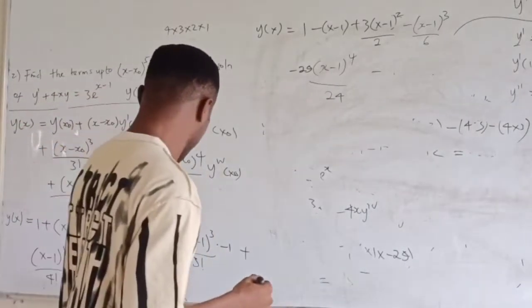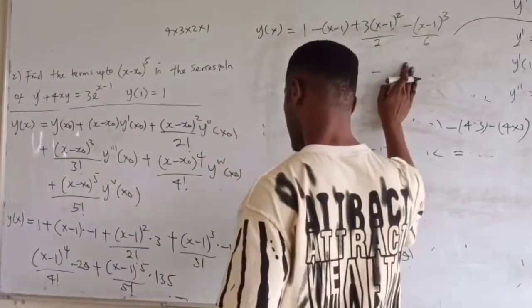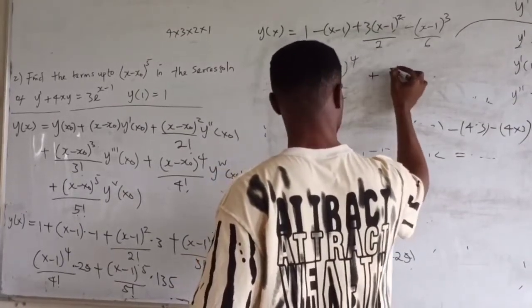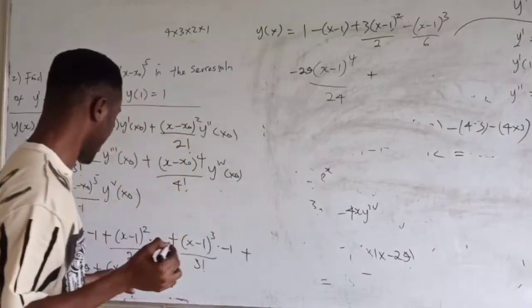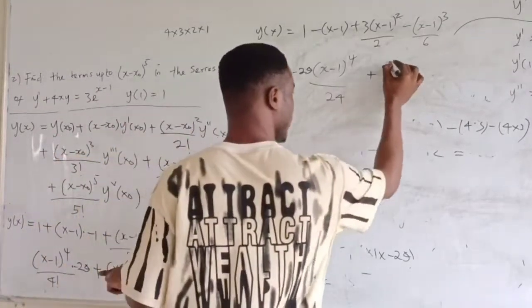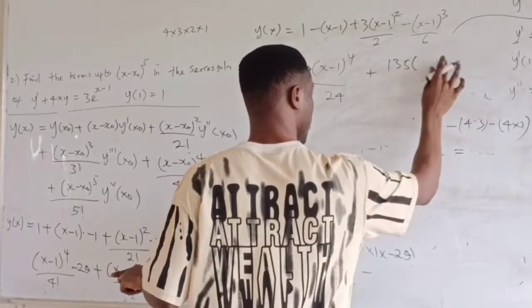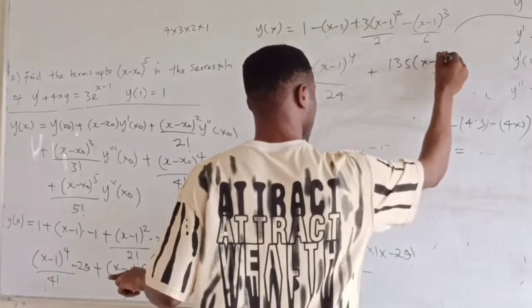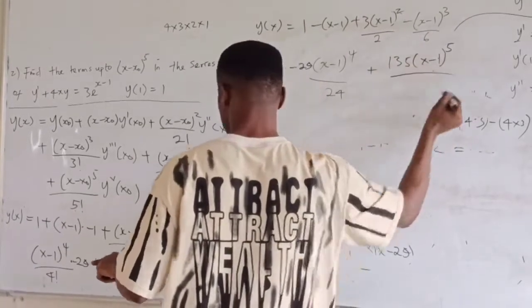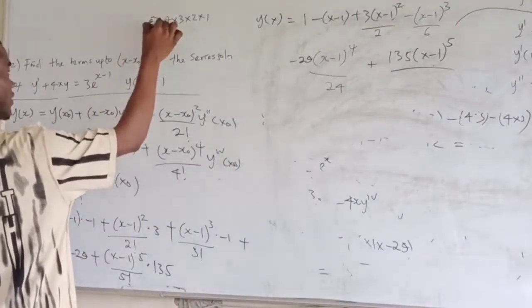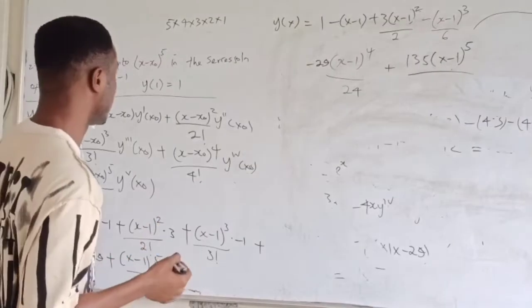Plus, 135 is multiplying everything, so we have 135 times (x minus 1) to the fifth power divided by 5 factorial, which means 5 times 4 times 3 times 2 times 1.